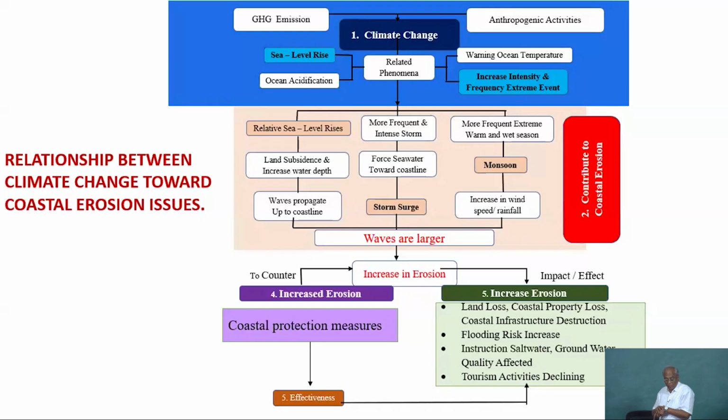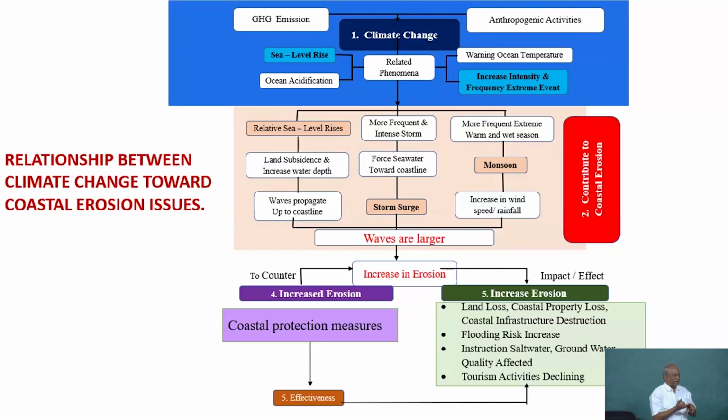Okay. Next, we move on to the relationship between climate change and coastal erosion issues. So, what is climate change? What is it going to be? In one sentence, I will say, with respect to shoreline erosion, if the waves are going to be high and the sea level is going to be high, the extent of land exposed to the waves is going to be more. That is one aspect.